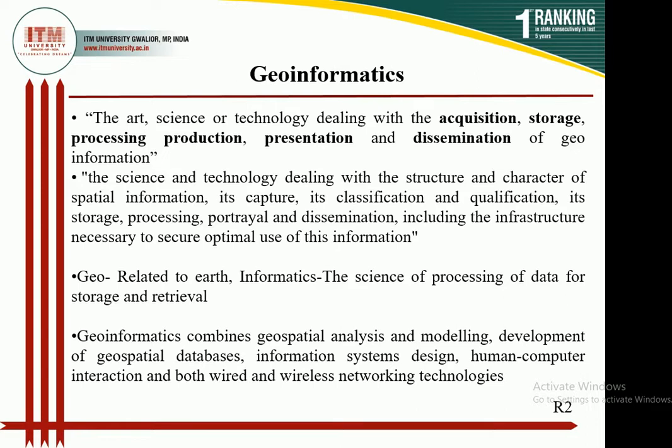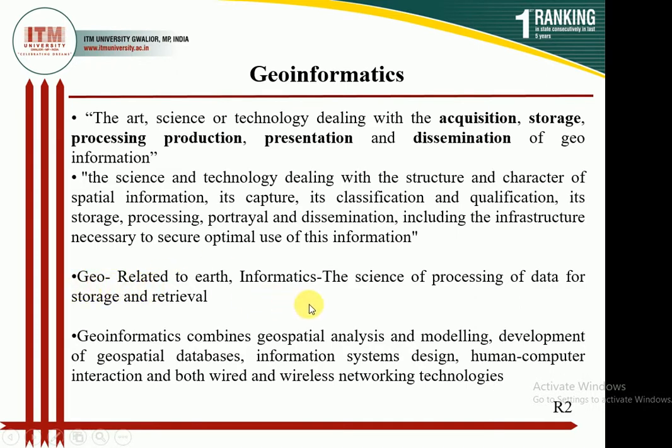Next is how to store that information, how to classify it on the basis of its characteristics, and qualify it: whether it is suitable for further processing, or whether it is the important information we need for generation of the map. Later on, it is stored, processed, converted into a presentable way and disseminated finally for generation of a particular map or software.